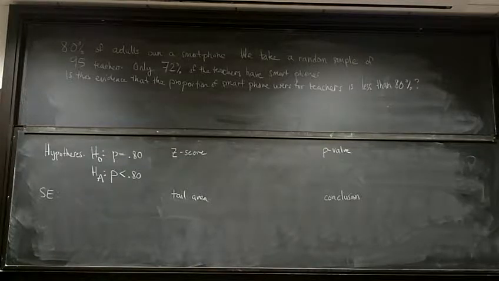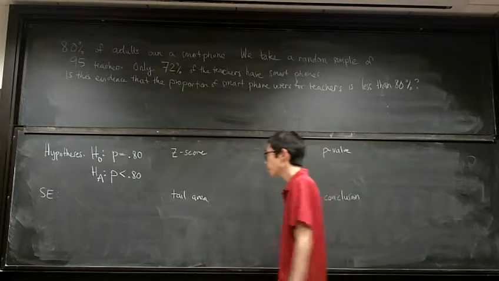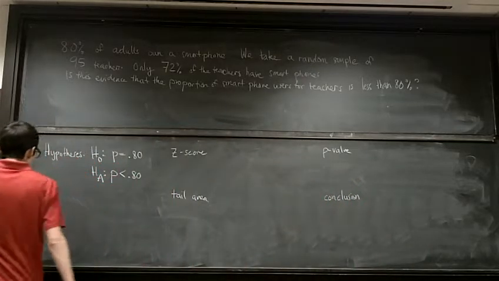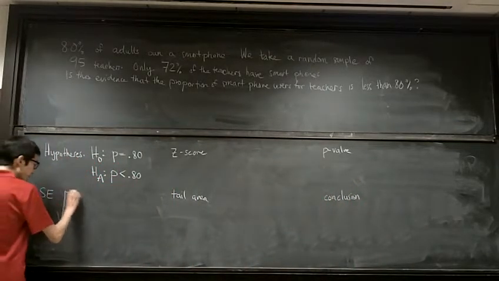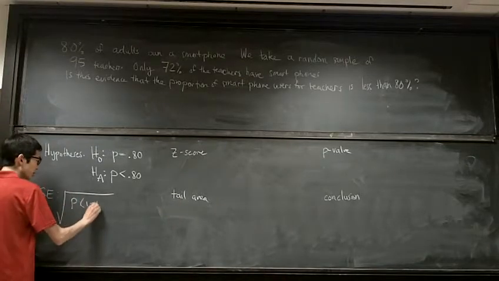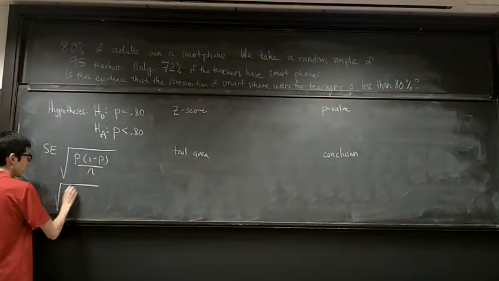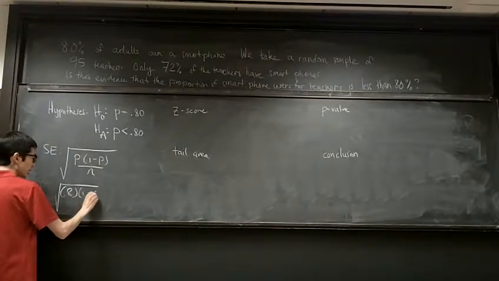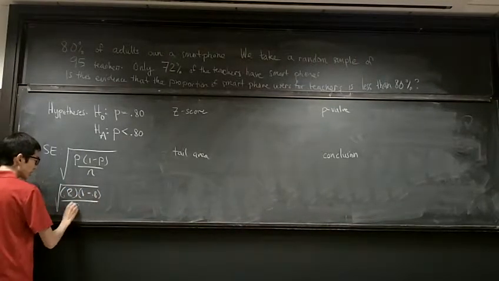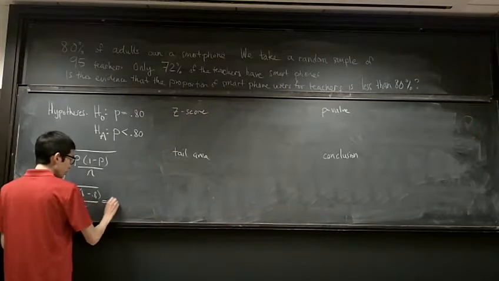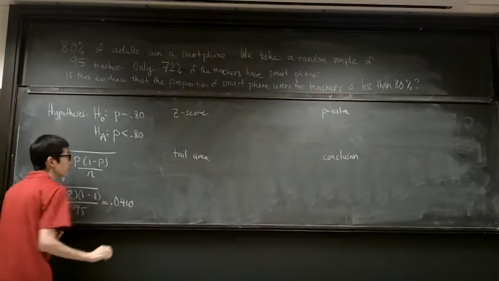Alright, I walked around and it looks like a lot of you are doing well. Some of you have made some mistakes. Our standard error is the square root of P times 1 minus P over N. So I get the square root of 0.8 times 1 minus 0.8, divided by 95. When I do that, I get 0.0410.